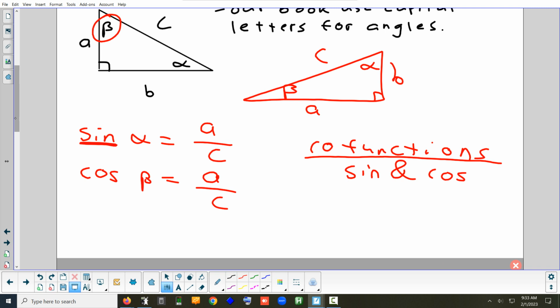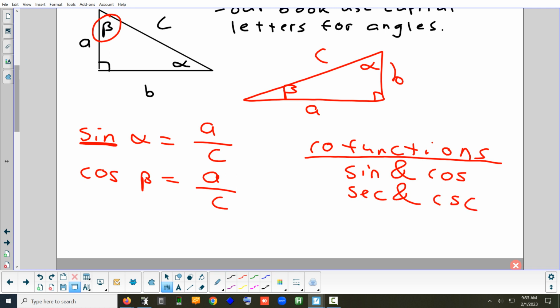Sine and cosine are an example of what we call co-functions. There's two more pairs of them. What function do you think would be the co-function of secant? Co-secant. Put the word co in front of it.